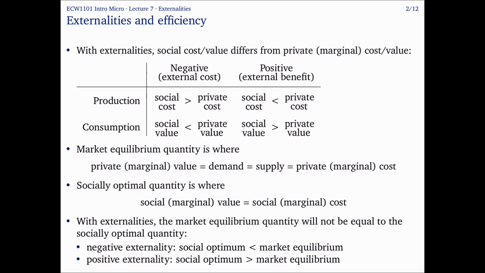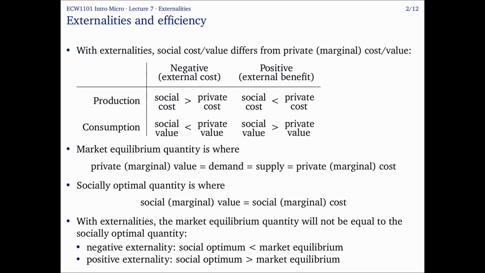So the market equilibrium is where marginal private value equals marginal private cost, right? Where demand equals supply, basically. But the social optimum is where the social marginal value equals the social marginal cost. The fact that these are different means that there will be inefficiency. Now, all of this complicated stuff simply translates to this: for a negative externality, because of the presence of an external cost, the quantity being produced and consumed is too large.